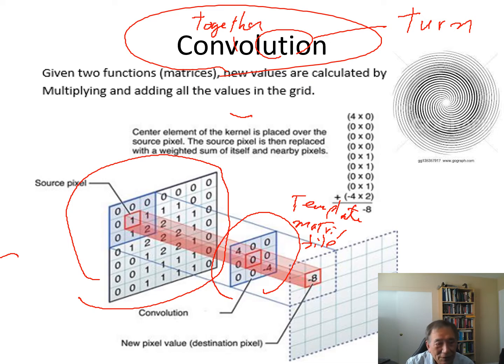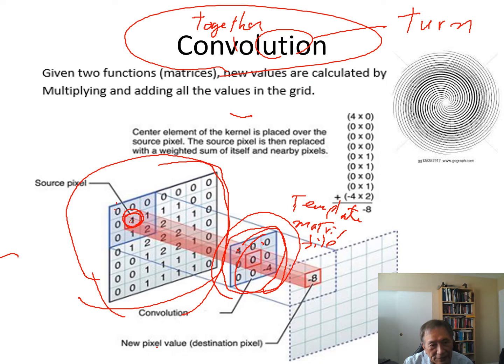But the formal name is convolution. In a way, this small template and the main picture are dancing together, turning together. Turning together means this one is multiplied by that, and this one is multiplied by that. We are interested in the one in the middle, the given pixel.